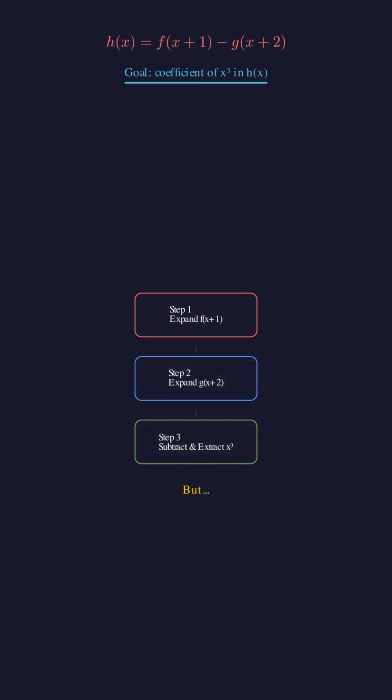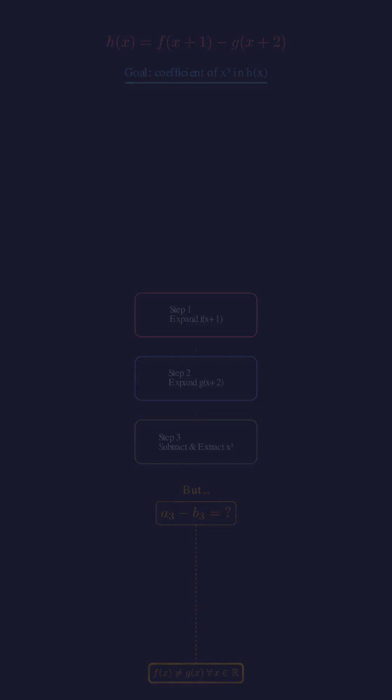Step 2, expand g of x plus 2, collect the x cubed terms. Step 3, subtract. But here's the catch. The answer will contain a3 minus b3, and we do not know those values. That is where the condition f of x not equal to g of x saves us.